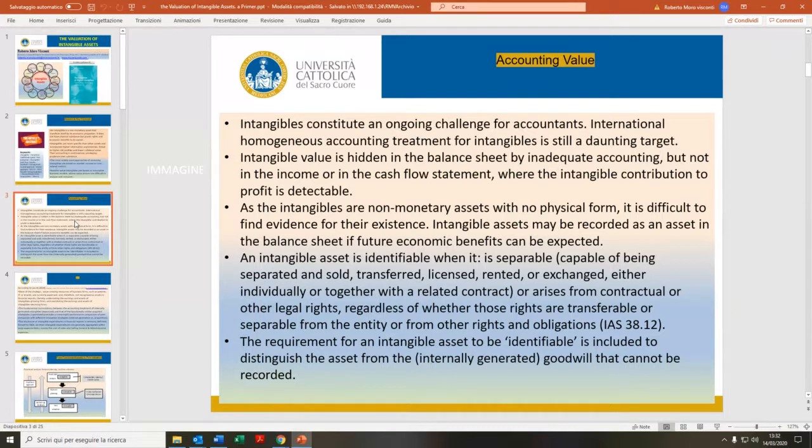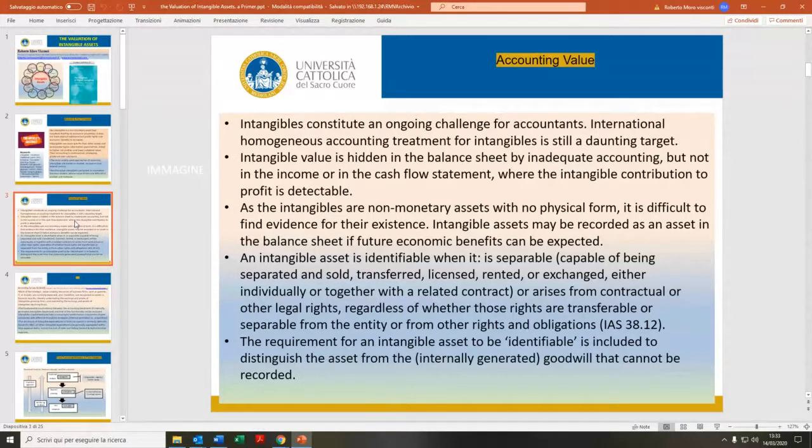An intangible asset can be identified if it is capable of being separated and sold, transferred, licensed, rented, or exchanged, either individually or together with a related contract, or if it arises from contractual or other legal rights.